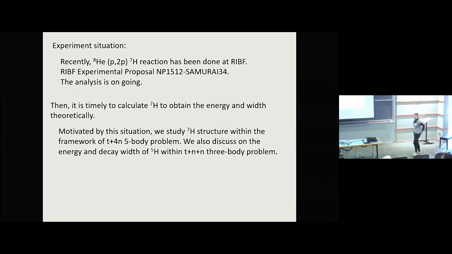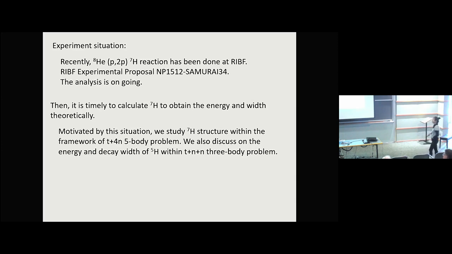Okay, so now what is the experimental situation? Recently, this reaction has been done at the RIKEN RI Beam Factory. The RIKEN proposal number is like this, and the analysis is still ongoing. So in this situation, it is timely to calculate hydrogen 7 theoretically to obtain the energy and decay width.